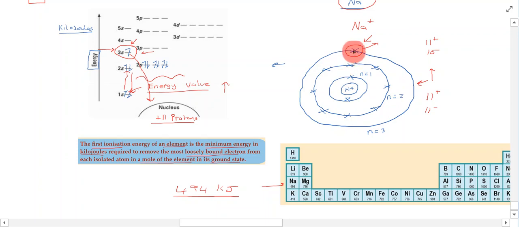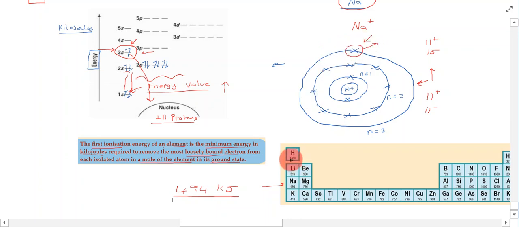In other words, the outer electron is much further away from the nucleus, with more layers of electrons between the nucleus and the outer electron. Therefore, the pulling power of the nucleus isn't going to have as strong an effect on the outer electron. As a result, it's going to be easier to whip that electron off.